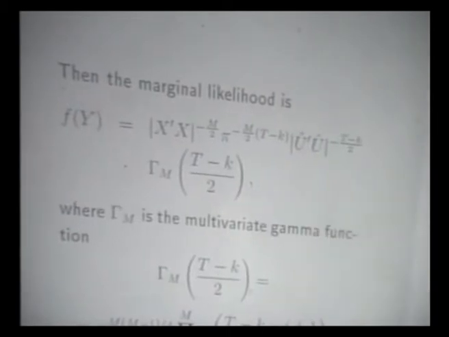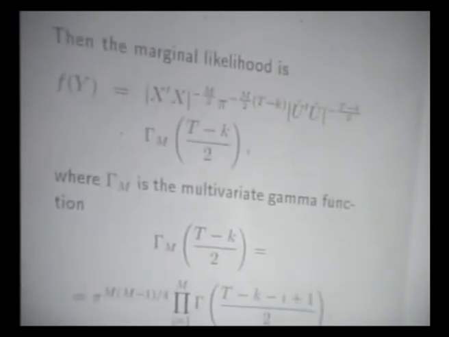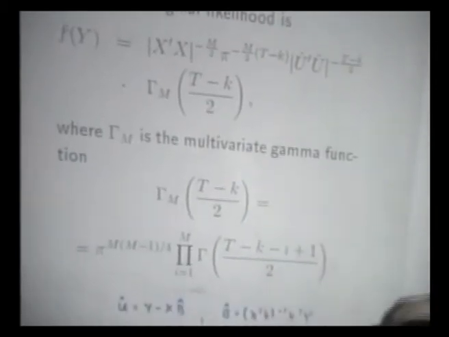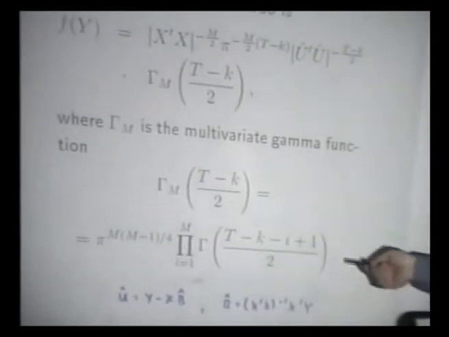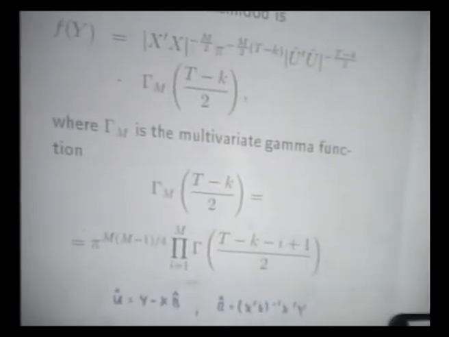And here you have not the univariate gamma function, but the so-called multivariate gamma function, which is essentially a product of m univariate gamma functions. And then you have in front always pi to a certain exponent, which comes in here and in front of here as well. So pi is some kind of constant you have to multiply with these three terms. So this is the simple marginal likelihood function.